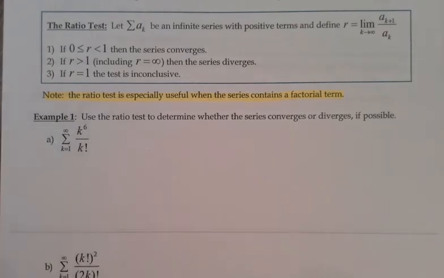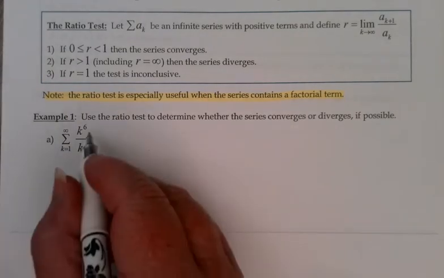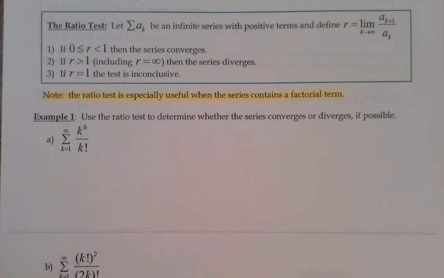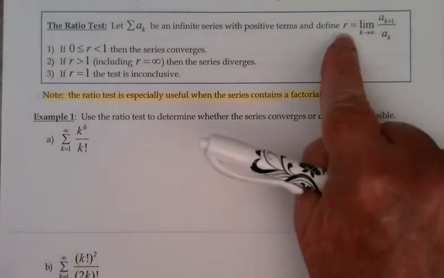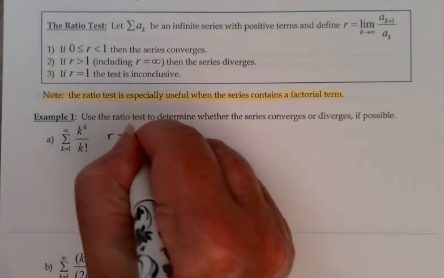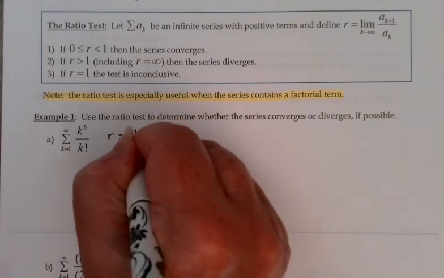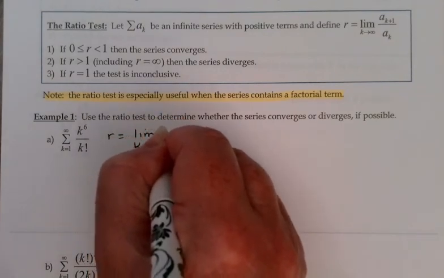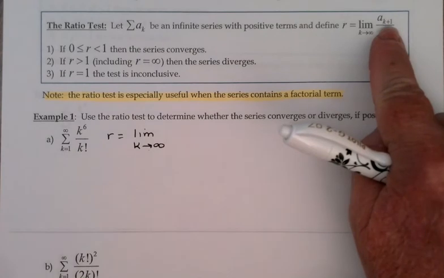I would like to use the ratio test to decide whether the series k to the 6th over k factorial converges or diverges. So I'm going to define my R just like this. It's the limit as k goes to infinity of, first of all, a sub k plus 1.